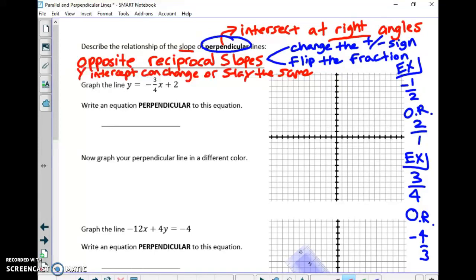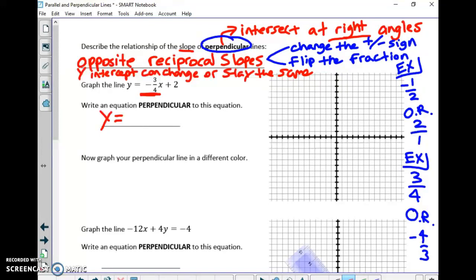So, with that in mind, let's go ahead and try that on the first example. Our slope right here is -3/4, right? Does everyone see that right there? So down here, I'm going to put y equals, what is the opposite reciprocal of -3/4? So change negative to what? -3/4 turns into positive, and then flip it, 4/3.